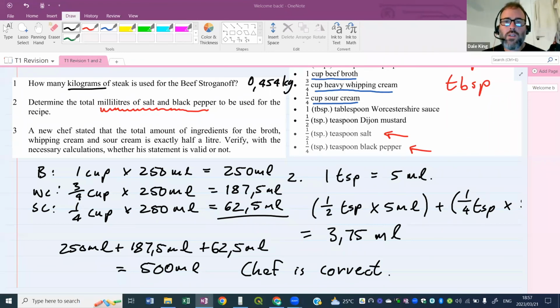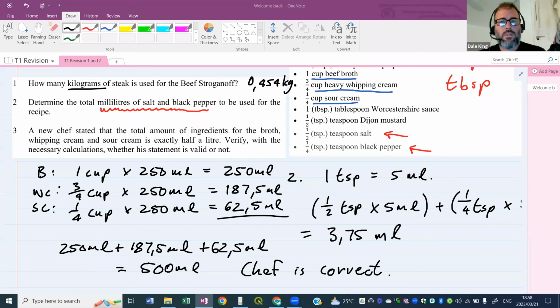That's very clever. So 1/4 and 3/4 makes 1 cup. 1 cup is 250. The other cup is 250. Add them up, 500. Nice and easy. It's a nice little trick to see that if 3/4 and 1/4 make a whole, you can just add those 2 whole cups together. Very good.